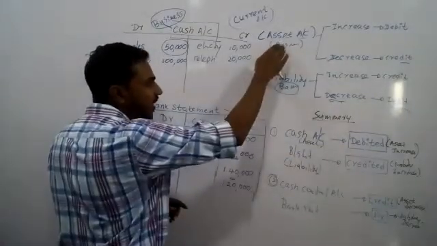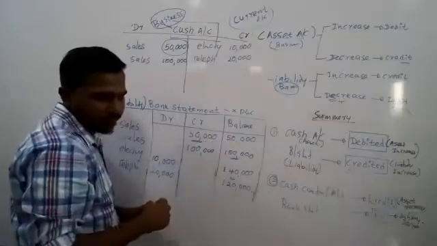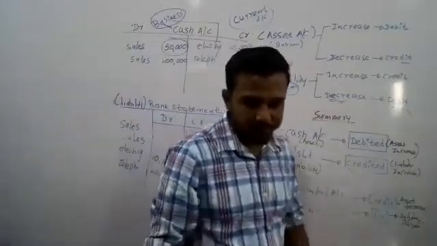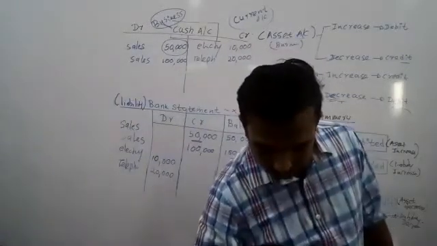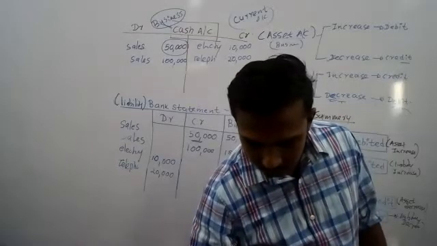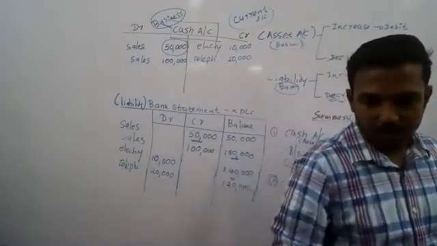For us, this is an asset. For the bank, this is a liability. Clear? Any questions? Let me know if you didn't understand that.